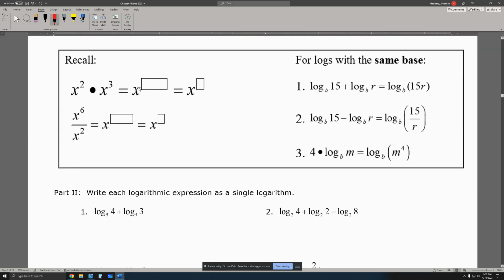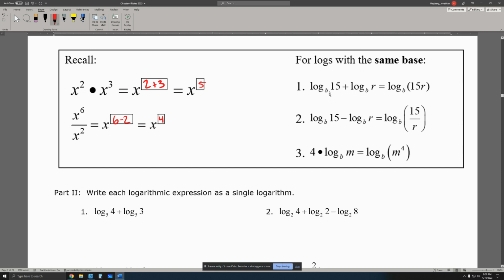So again, recalling these exponentiation rules, x squared times x cubed is x to the 2 plus 3, or x to the 5th. Similarly, for our quotient rule, x to the 6 divided by x squared is x to the 6 minus 2, or x to the 4th. Okay, we get these same rules here. Here's our product rule for logs.